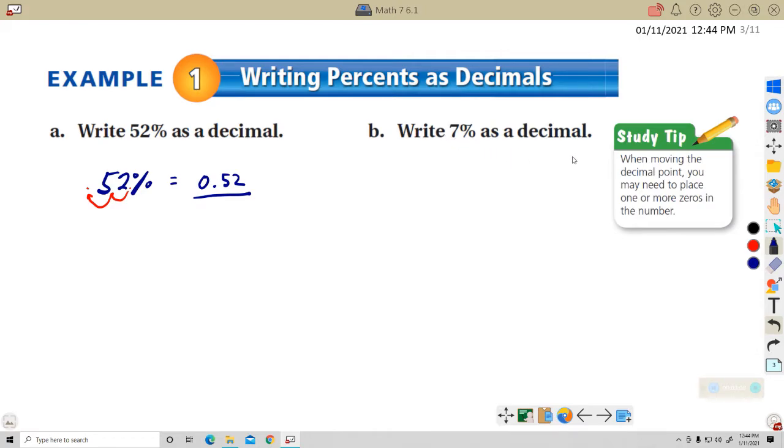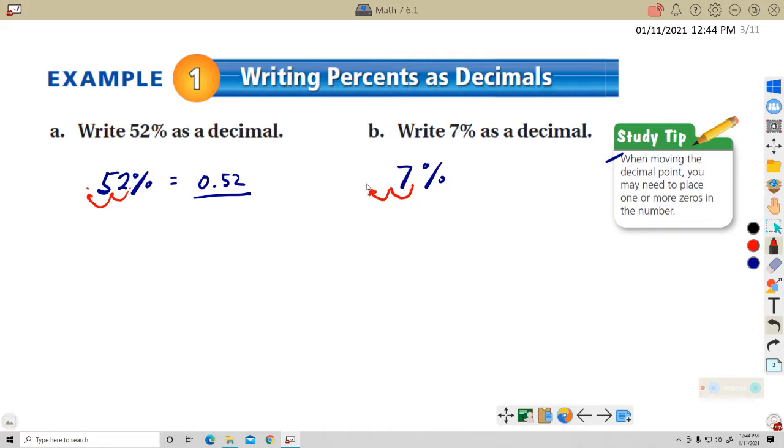7% as a decimal. Now, this little tip goes with this second question. When moving the decimal point, you may need to place 1 or more zeros in the number. So 7%, our decimal point would normally be after the ones place. 7 would be in our ones place. I'm going to move it 2 places to the left. 1.